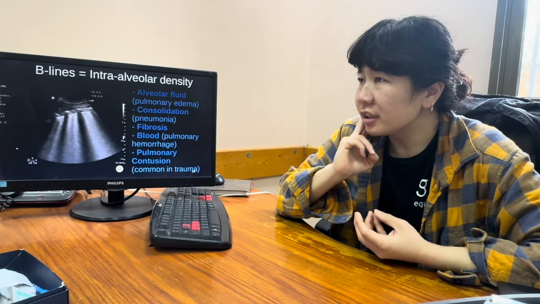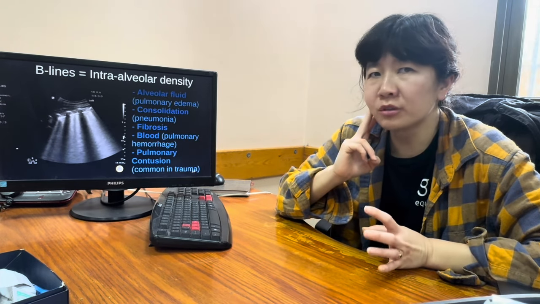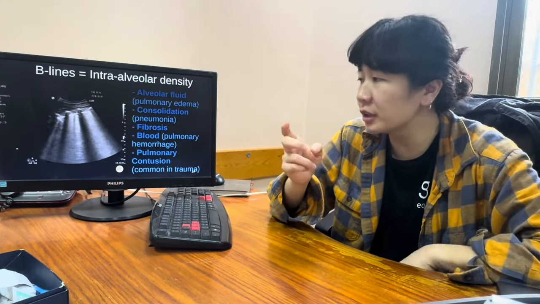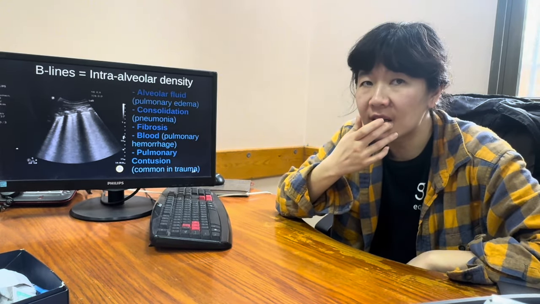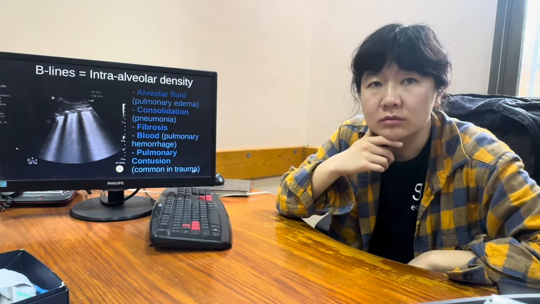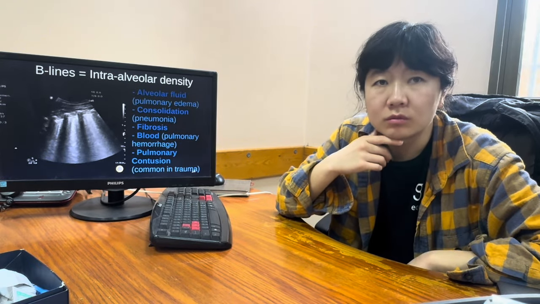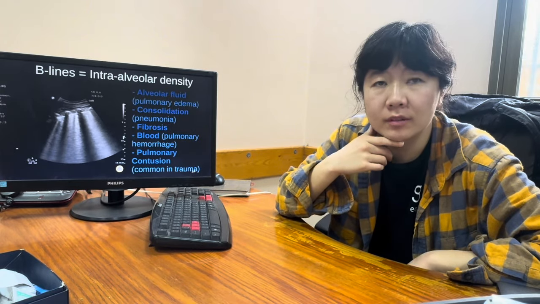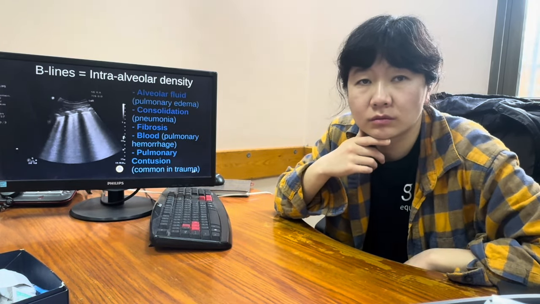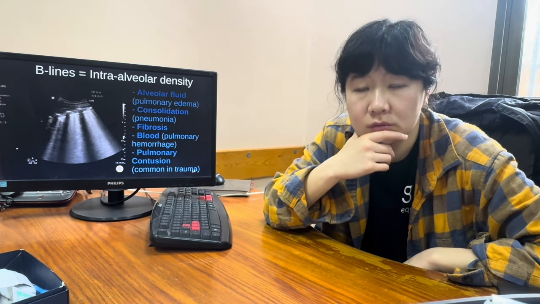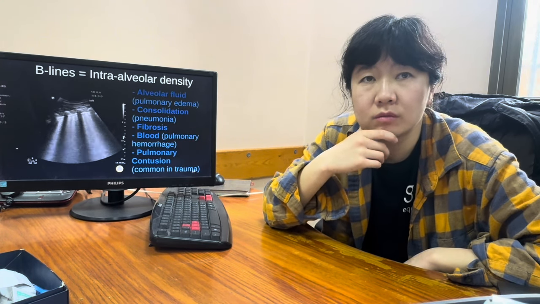Sometimes you can see it in patients with fibrosis, in certain types of pneumonia, because sometimes you see consolidation as hepatization, sometimes it looks like B lines. In pneumonia, it's very popular, by the way, especially the consolidation and sometimes the B lines. So when we are in the critical setting, treating the patient and doing follow-up ultrasound, we need the patient to be dry.